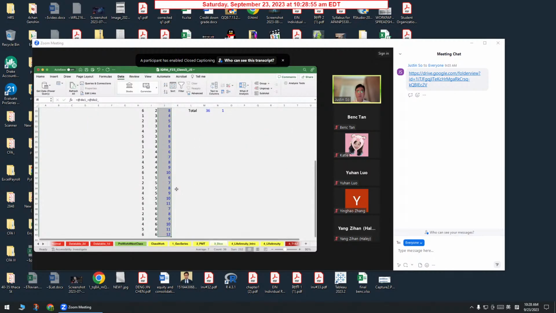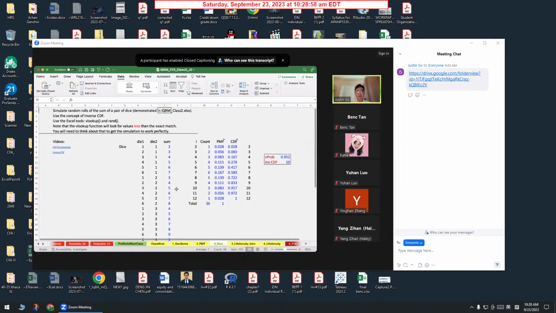Now, what do we do? You have to count the frequency to create this. We're basically creating the distribution, but in this case, this is a discrete case, right? Discrete variable. So we are creating a probability mass function, not the density, by counting the number. So the sum, all possible cases is 2 to 12, right?